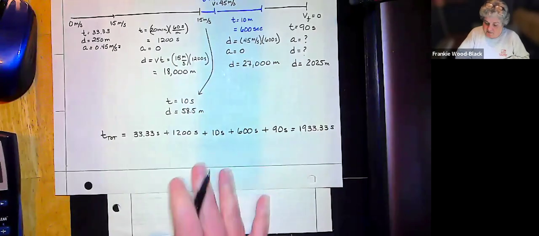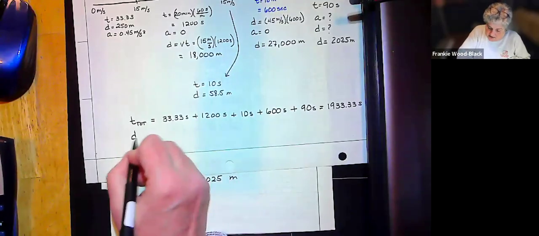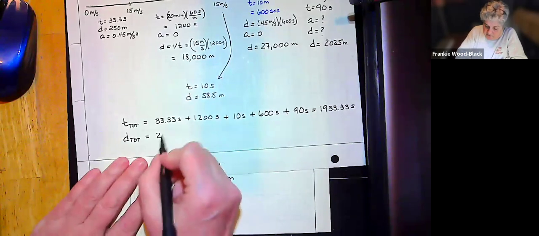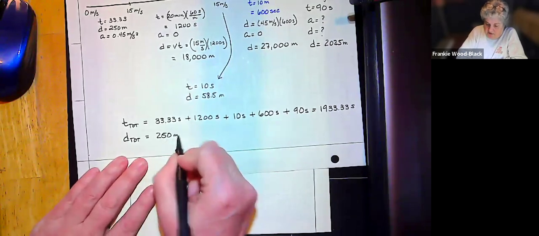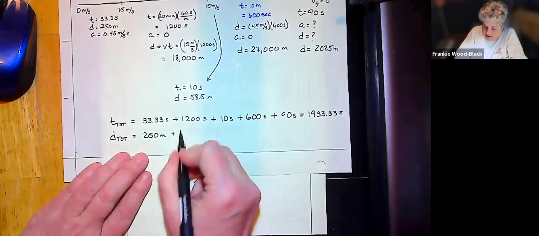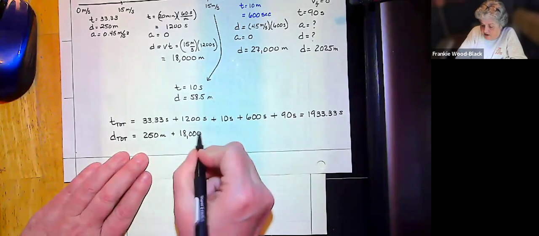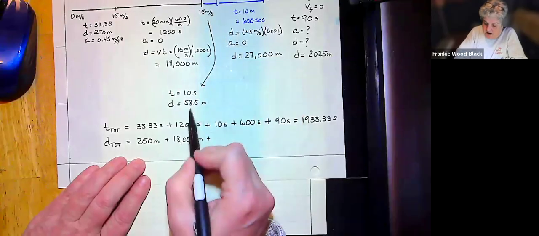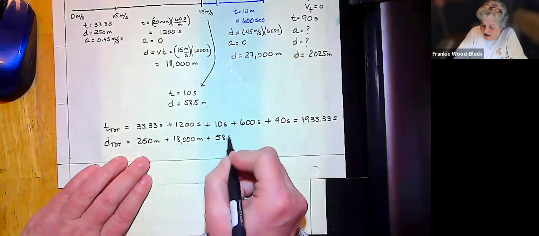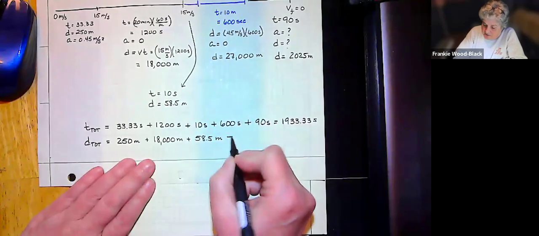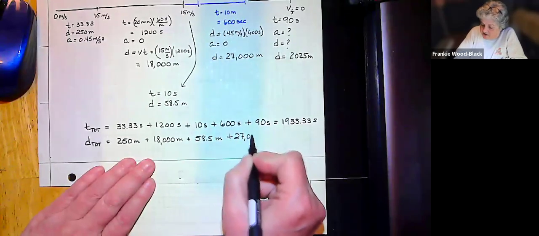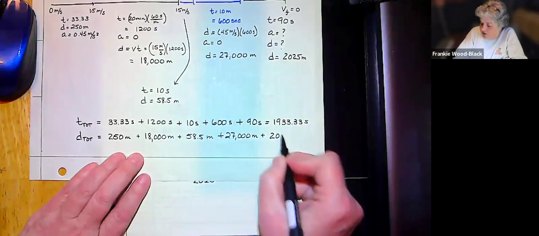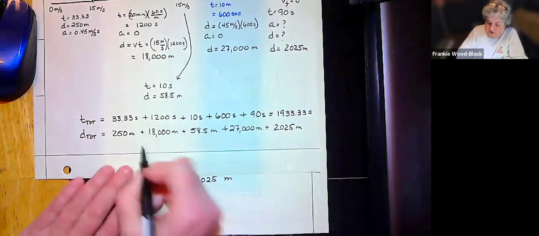We get that time. My total distance is 250 meters plus 18,000 meters plus my 58.5 meters plus my 27,000 meters plus my last 2025 meters.